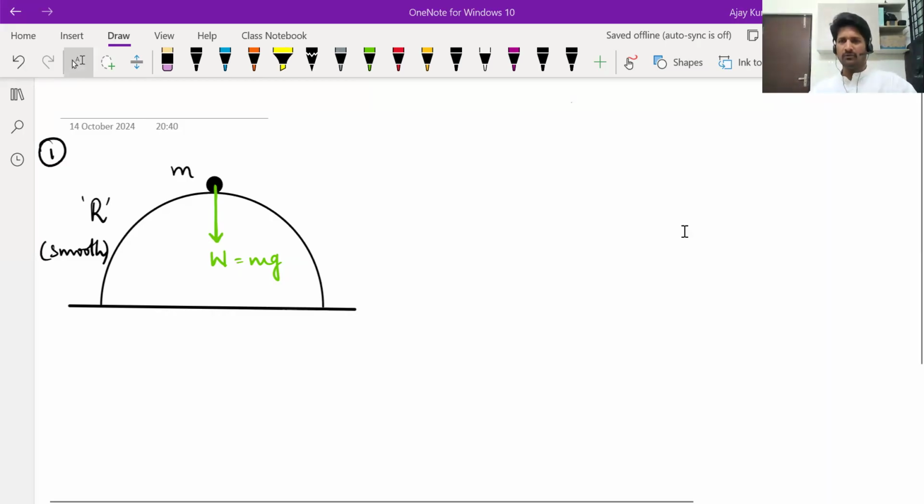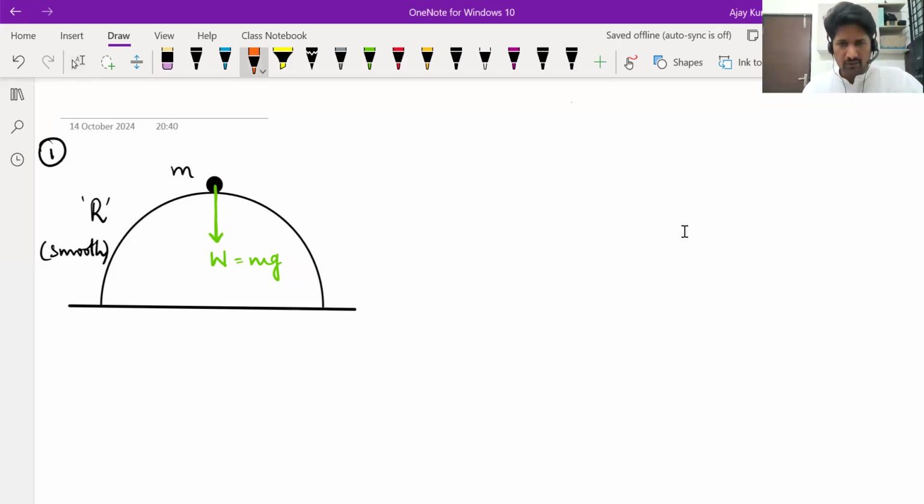Generally, in normal force, what does the word normal mean? It's normally opposite to the weight. Okay, but what does the word normal mean? 90 degrees, sir. Perpendicular, 90 degrees, correct. So it should act perpendicular to the surface of contact.